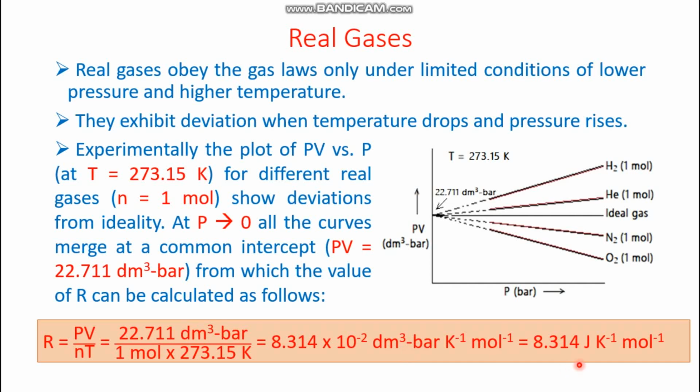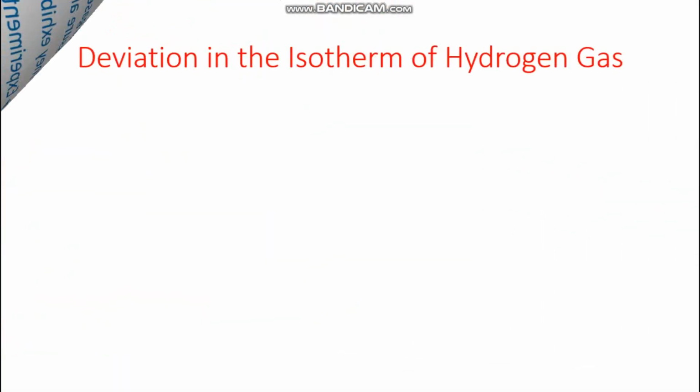This way the value of R is determined. And look at the inclinations of these lines: the higher the molar mass of the gas, the more negative the inclination becomes. For hydrogen and helium, they have positive slopes, while for nitrogen and oxygen they have negative slopes. So this is the deviation of real gases from ideal behavior.